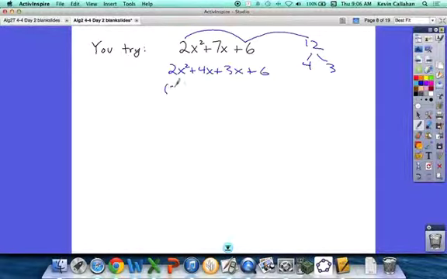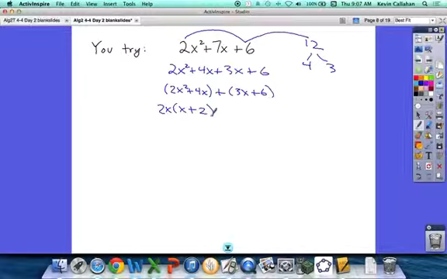Okay, group the first two terms. Group the last two terms. Factor each set of parentheses. What's the greatest common factor for this first set? 2x, right? And what's left? x plus 2.